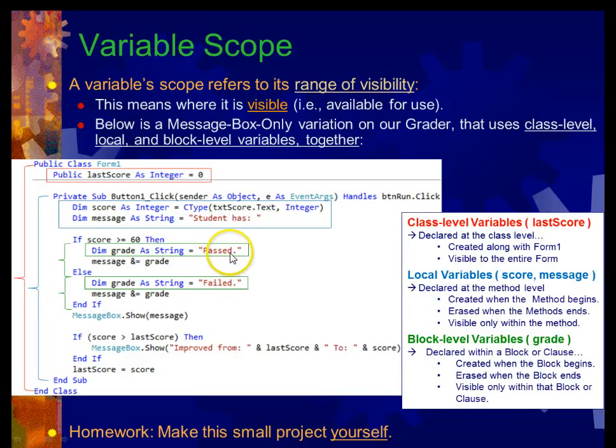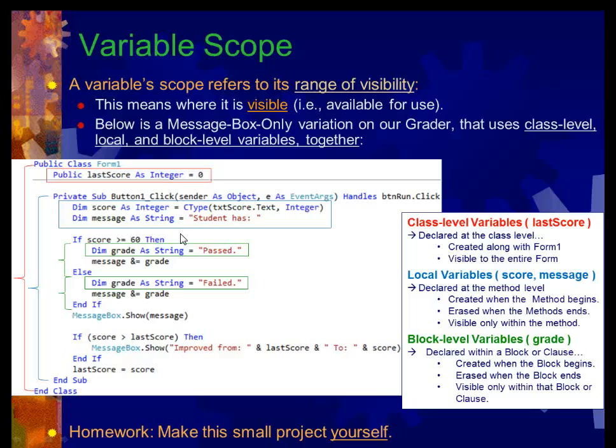But the problem was that if the variable was declared in this area here, then when the button click is finished, that variable disappears. The computer loses track of it, doesn't know where it is anymore. The number might still be stored in the memory, but the computer forgets about where it is. So basically we can just say it disappears.